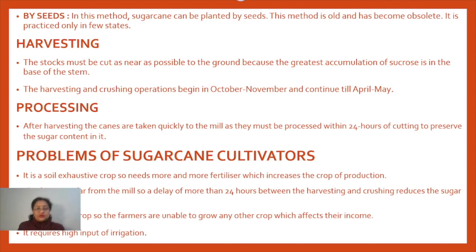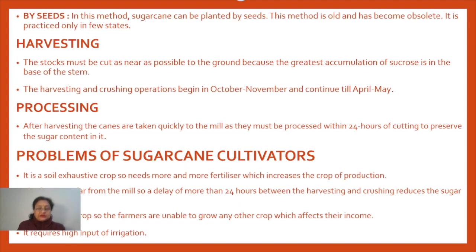This is done with the total process of sowing, harvesting and processing. Clear? Now one more thing, children, you should always understand: sugarcane is such an important crop in the total agriculture sector we have in India, it plays a very important role.